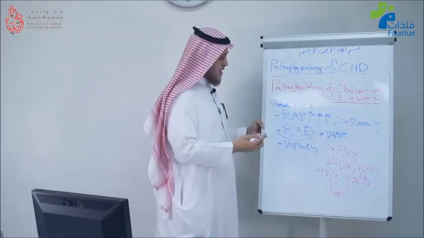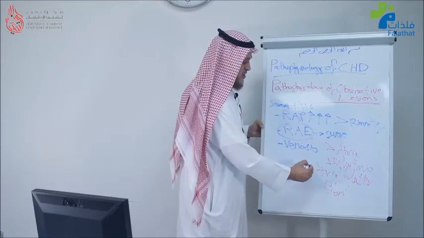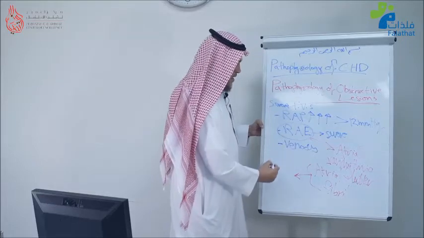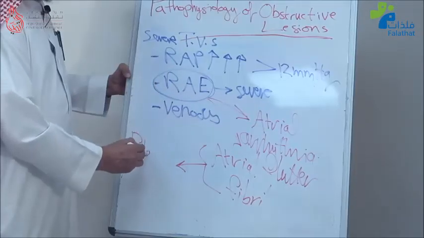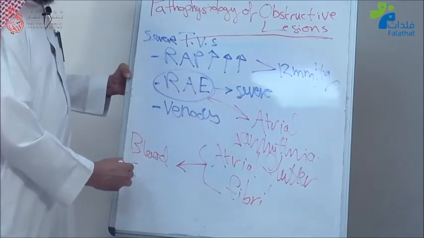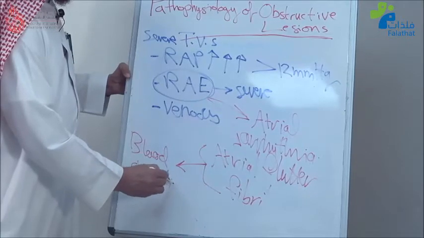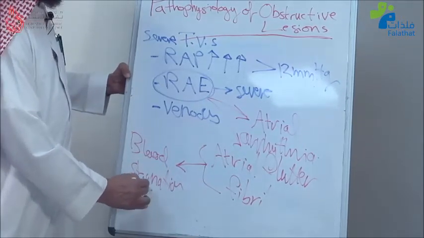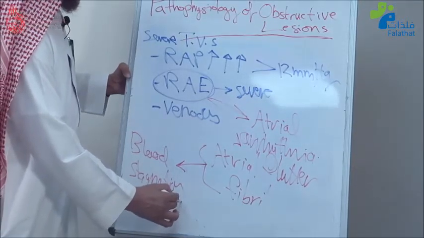Not only that, if we go to this arrhythmia stage, it will cause venous blood stagnation and clot or thrombus formation in the atrium.